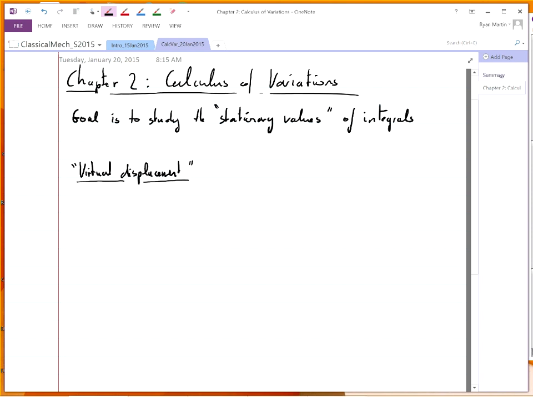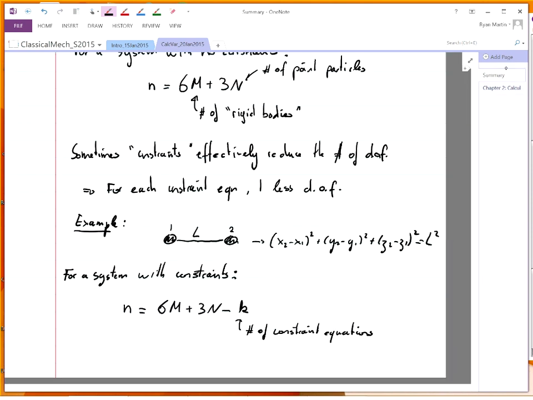Oh, I guess one thing I forgot to say in the summary was that once we know the number of degrees of freedom for a system, we can use a system of coordinates that has the same number of coordinates as there are degrees of freedom, and we call that generalized coordinates.